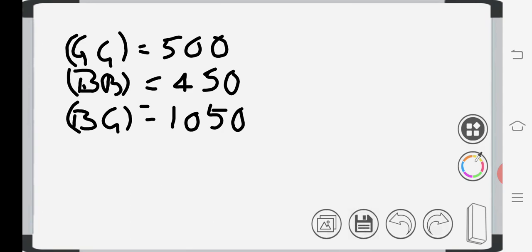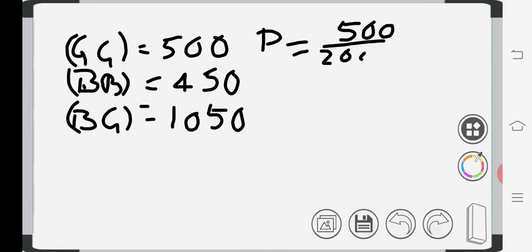We have to find out probability of both being girls. Probability is equal to 500 divided by 2000. Secondly, we have to find out probability of both being boys.